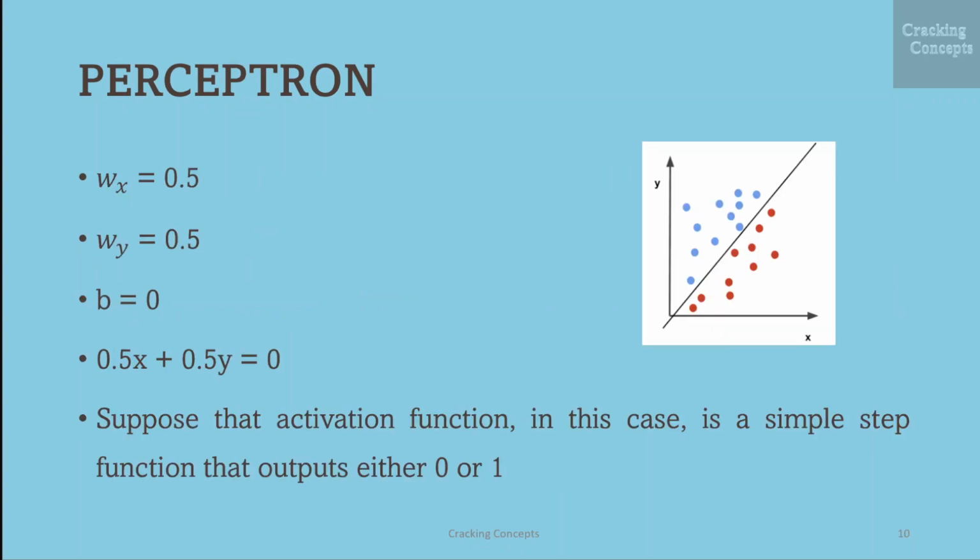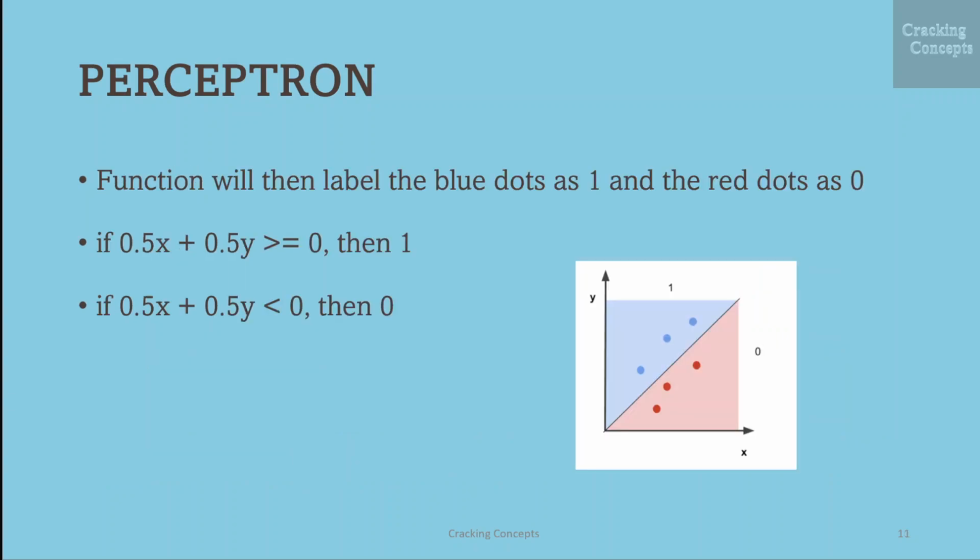Let us see an example to better understand this, where wx is taken as 0.5, wy as 0.5 and b as 0. Then the function for the perceptron will look like 0.5x plus 0.5y is equal to 0, and the graph will look like as it is shown in the figure. Now let's suppose that the activation function in this case is a simple step function that outputs either 0 or 1.